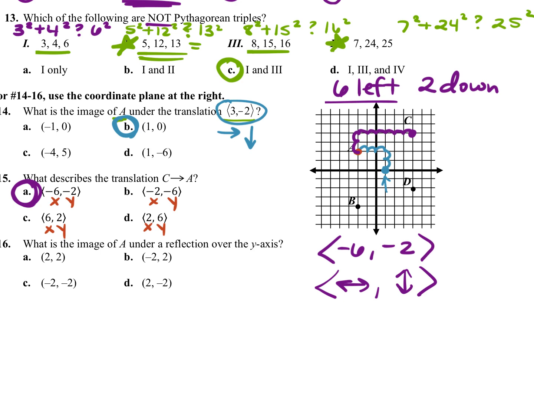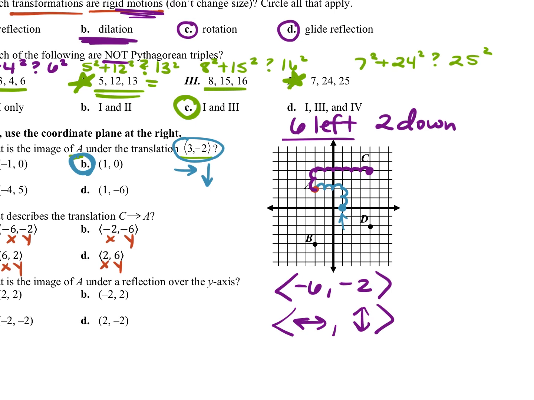Okay, here's another thing you probably want to write on your thing if you have not already. Which axis is the x-axis? It's the horizontal, right? So this is x, this is y.